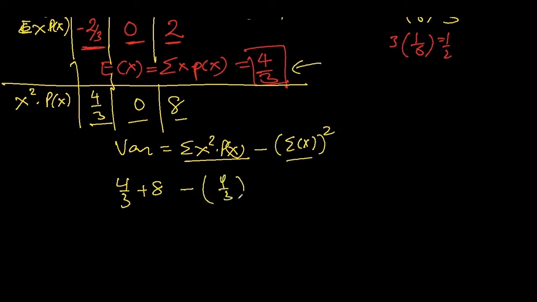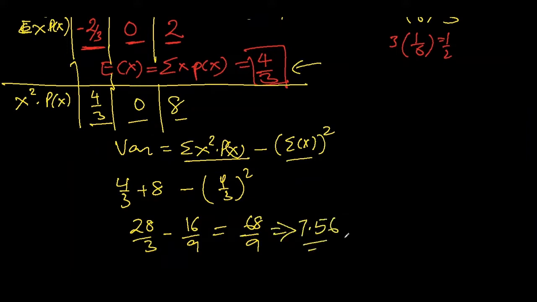So 4 over 3 square. So 28 over 3 minus 16 over 9. And that will be 68 over 9. In decimals, it will be 7.56.